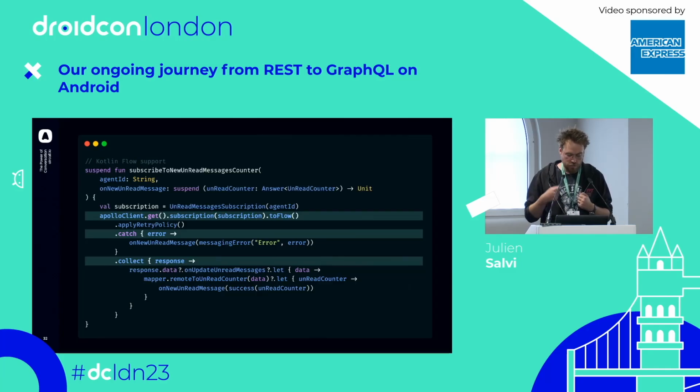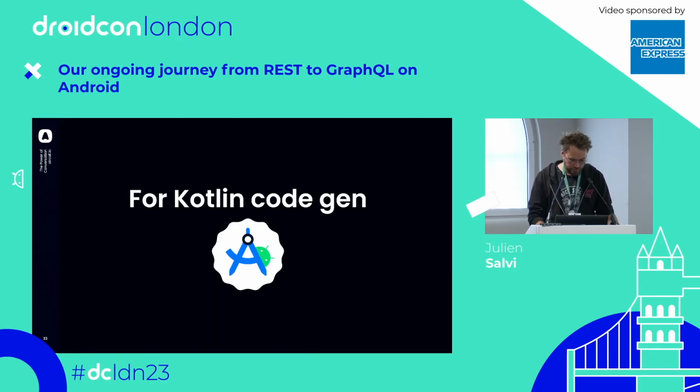Here I'm going to listen to the new events on my subscription. I may apply some retry policy on my flow, and on the collect part, I'm going to collect my event, my response. And if there is some error, I can catch the error and dispatch it to the upper layer. And I already showed you what the Kotlin codegen looks like.